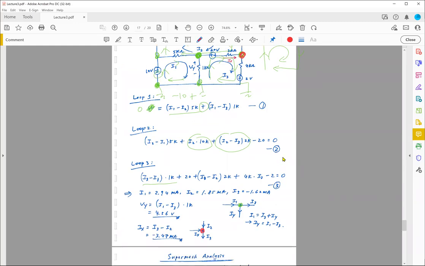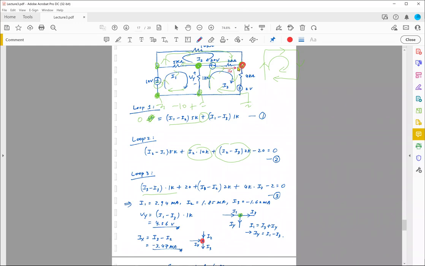Okay, so Ix is the current entering this node. I'm just cutting out this part of the circuit diagram and pasting it over here for our analysis. So Ix is entering this node.